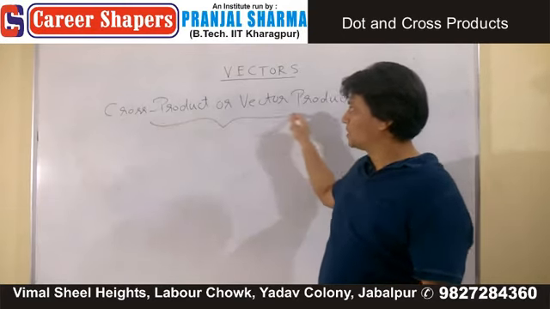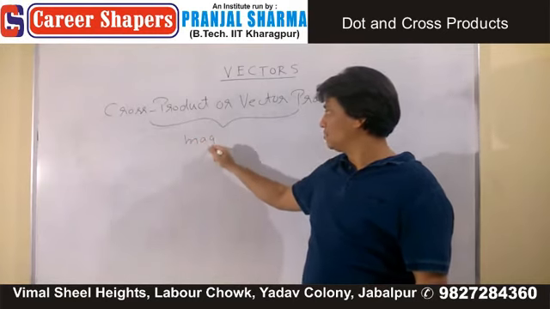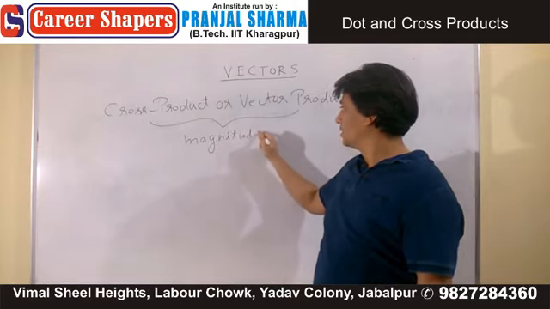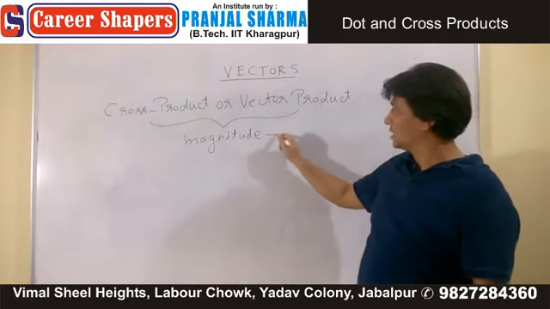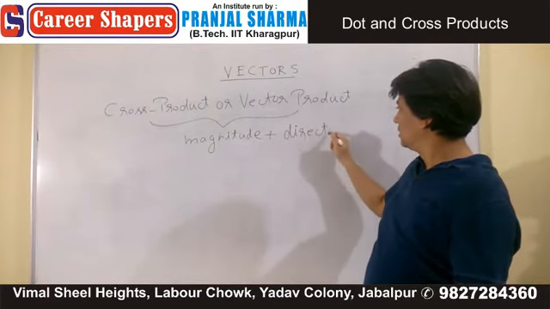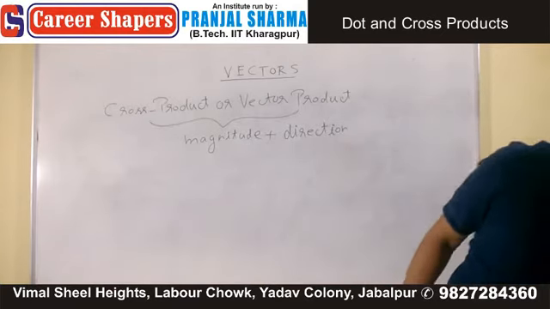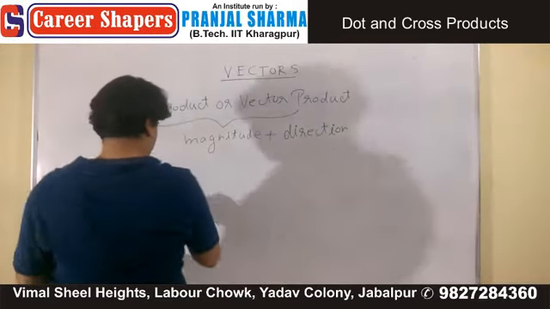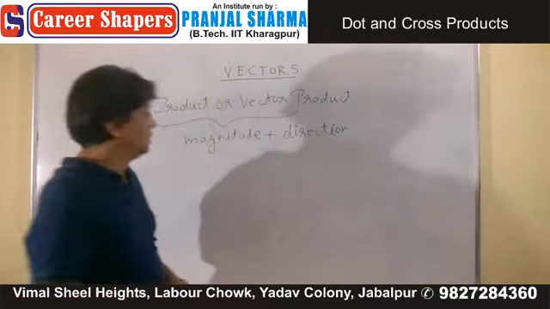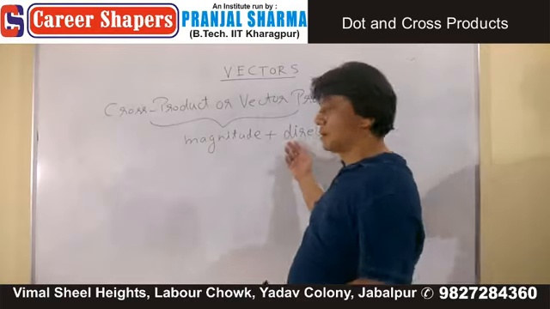Your cross product or vector product contains both magnitude as well as direction. When you deal with the cross product, you get both things. You get magnitude, at the same time you get direction.